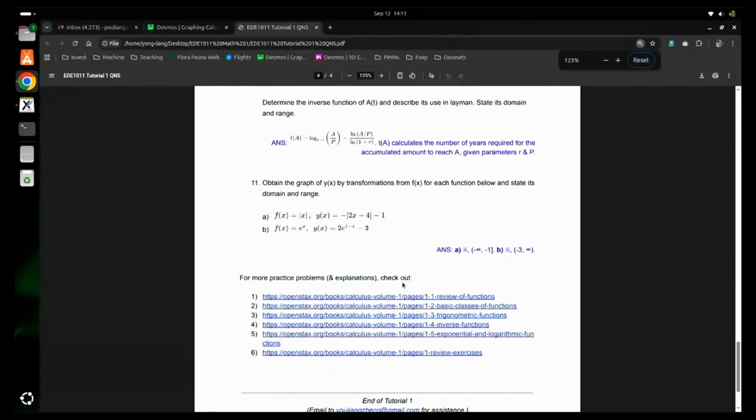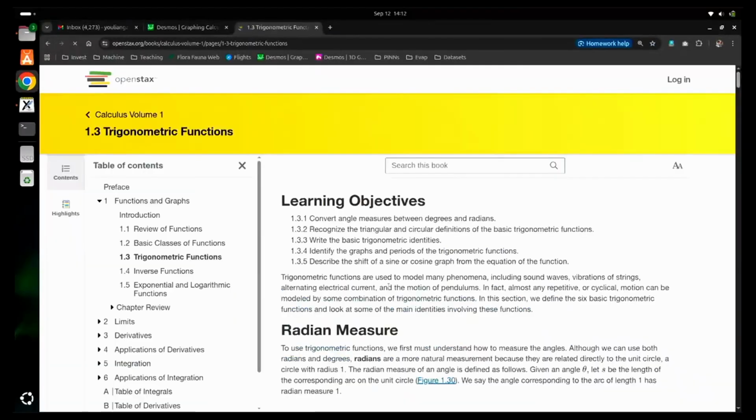So for example, let's say you're weak in trigo functions. You just click on that, and you come to this open resource. So trigo functions right here. You can actually click from here which other part that you are interested to learn more.